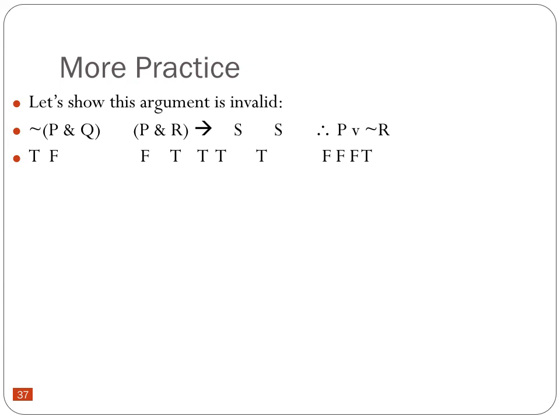What else do we know? Well, we know that the and in the first premise has to be false. Why? Because the first premise we're assuming is true, and since the first premise is the negation of an and statement, if the negation is true, then the and statement has to be false.